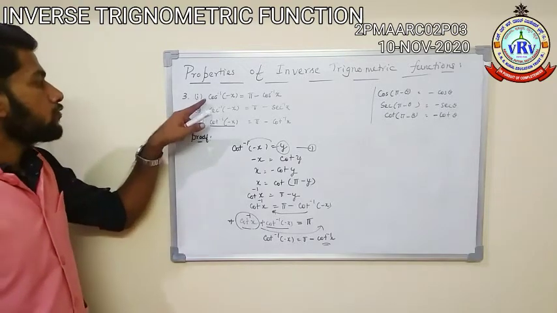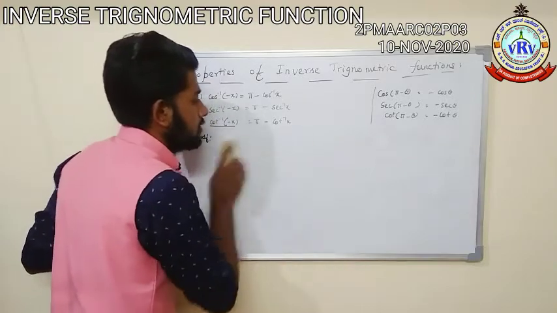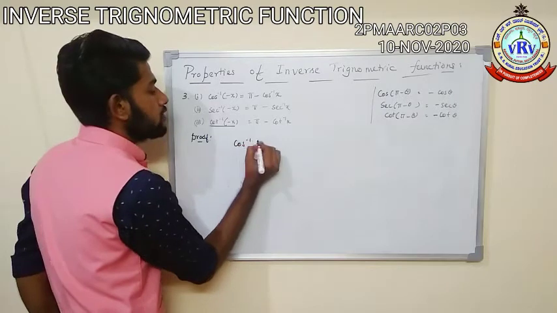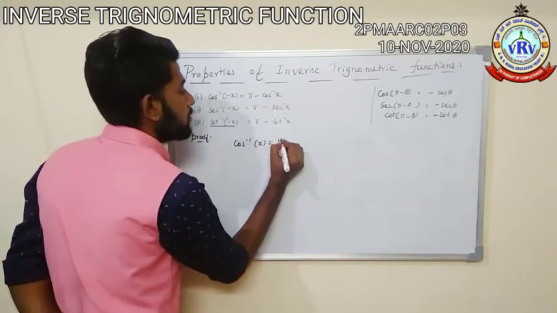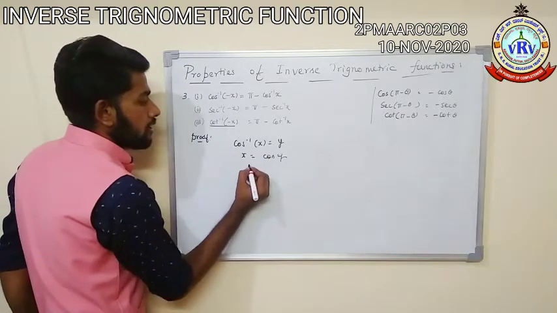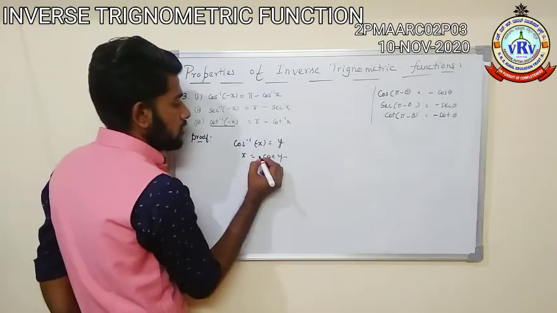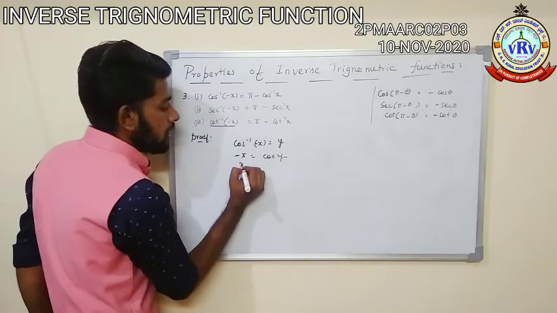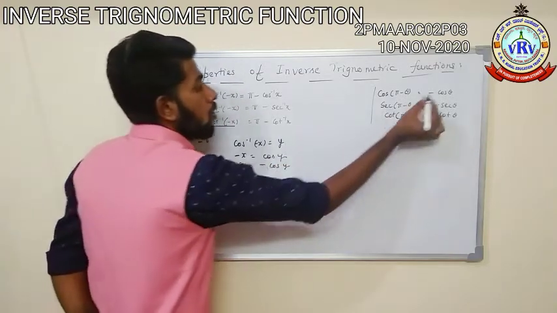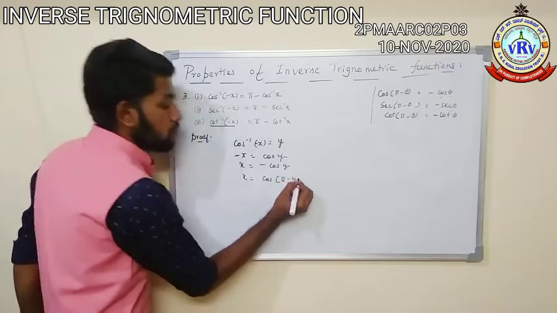Similarly, we can prove it for cos and secant inverse. Quickly we will prove it. So cos inverse of x, I am taking as y, so x is cos y. Cos inverse of minus x as y, so minus x is cos y, x is equal to minus of cos y, and minus of cos y is cos of pi minus y.